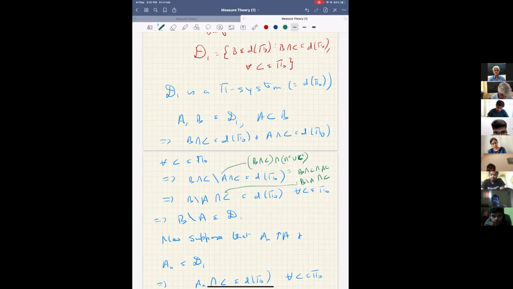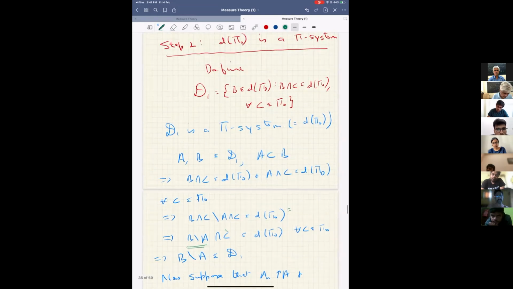So this guy is in D of pi 0. Okay, so what that tells you is that this is true for every C in pi 0. So B minus A also belongs to your class calligraphic D1.